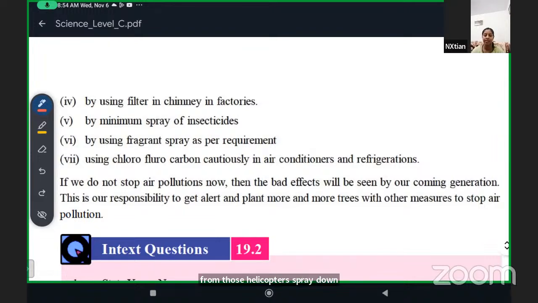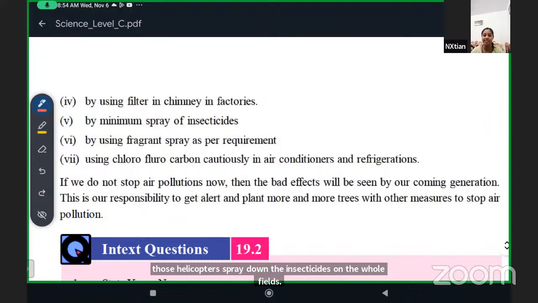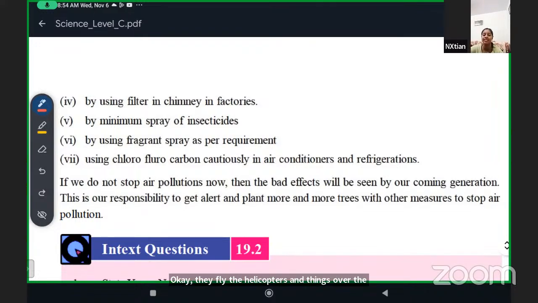They fly the helicopters over the fields, and then they spray all the insecticides. That is really harmful for the environment because chemical insecticides are made up of various harmful gases to kill the insects, right? So that is also harmful for the environment.